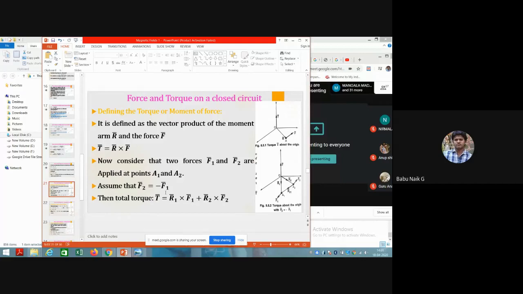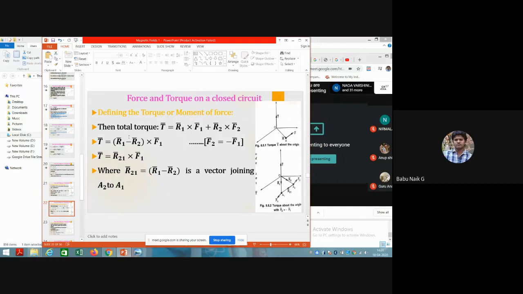But F2 is equal to minus F1, because both are in opposite directions. Now you can calculate the total torque due to the forces at A1 and A2.